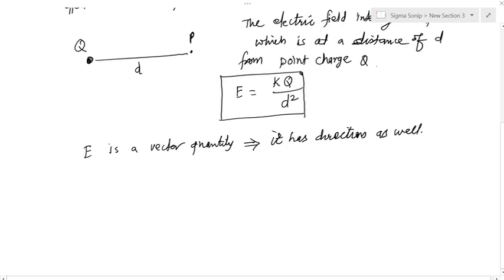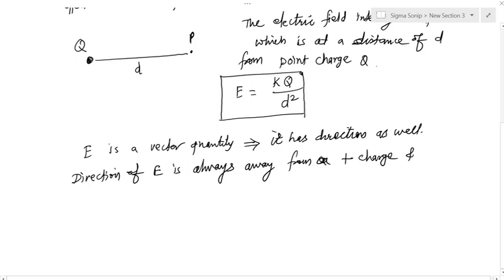And the direction is, I can say here that the direction of E is always away from a positive charge and always towards a negative charge.